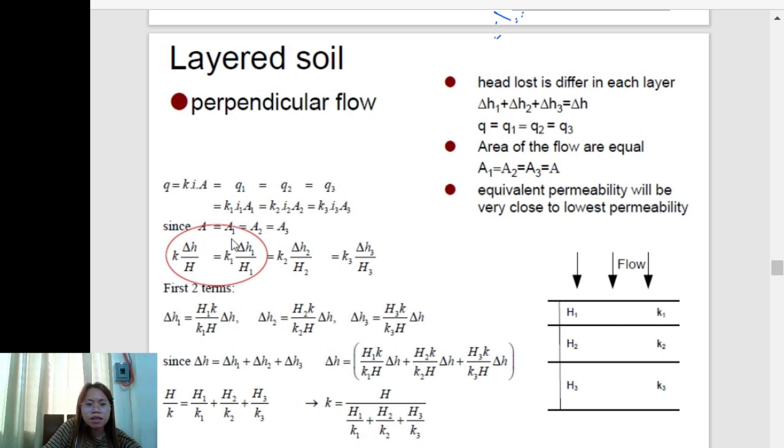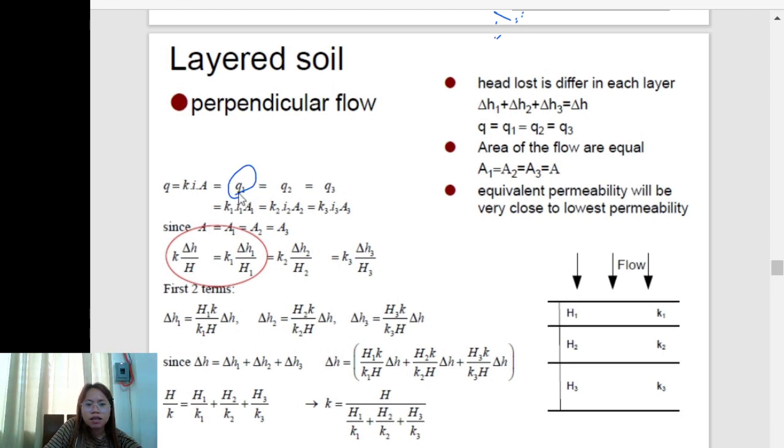Since A1 is equal to A2 and A3, the area is the same. Actually, this is KIA.